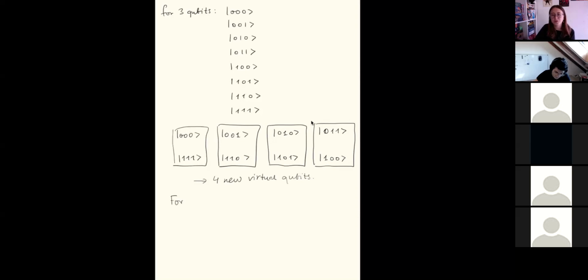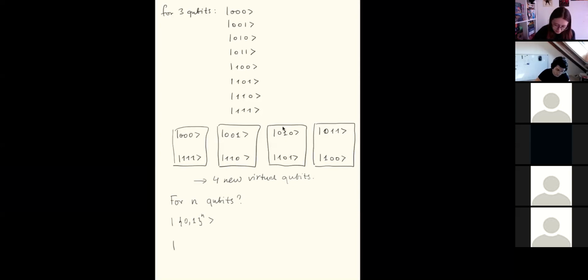So this intuition gives us an idea of how many new virtual qubits we would have if we compose n virtual qubits. For n virtual qubits, the eigenstates can be written as just a bit string containing n elements, if we label the states of the virtual qubits that we use in this composition as 0 and 1s.